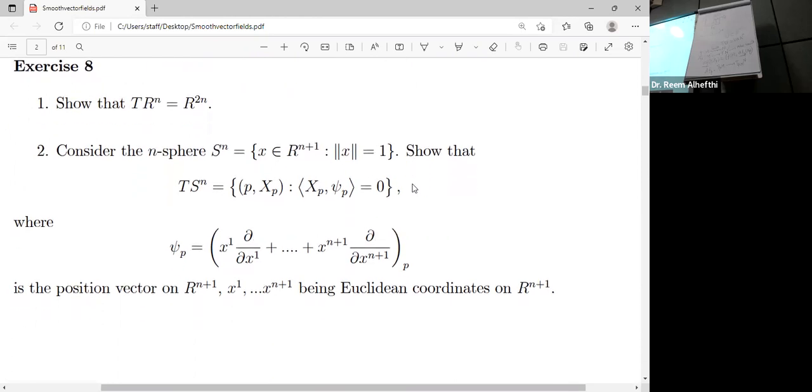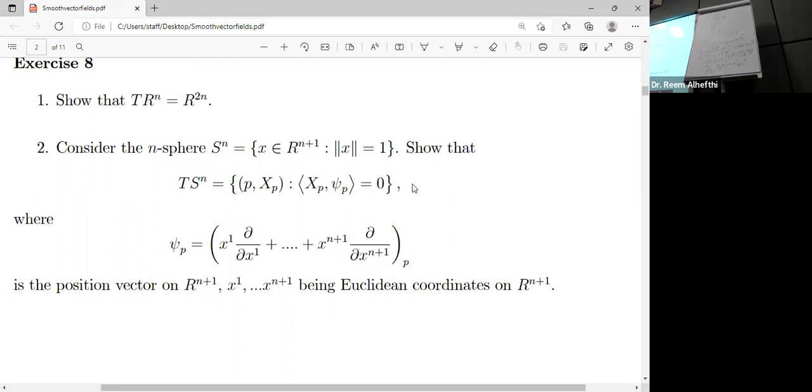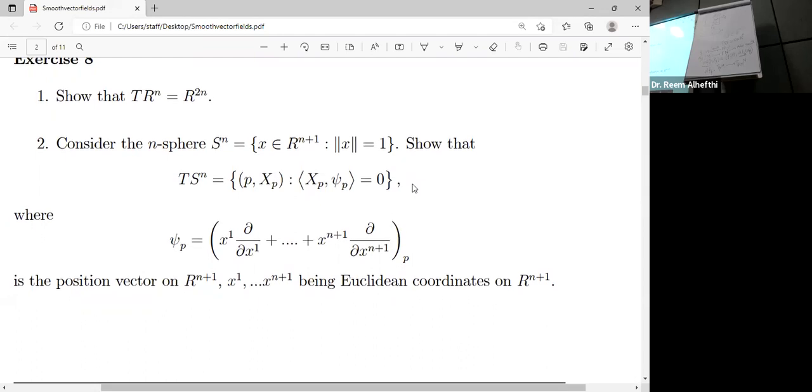Second is an interesting one, the tangent bundle of the sphere. Please read it and try to solve it. And if you have any questions, my email can be found and you can discuss with me if you are stuck at some place, or in the tutorial session today. Myself, it's not possible for me; my age does not allow me to stand more than 2 hours.